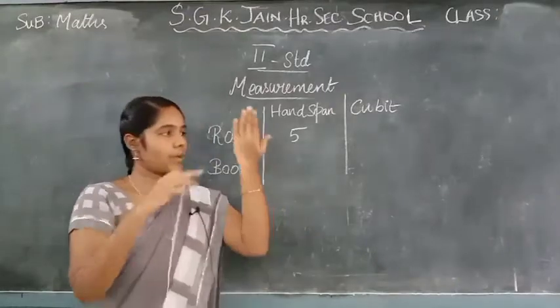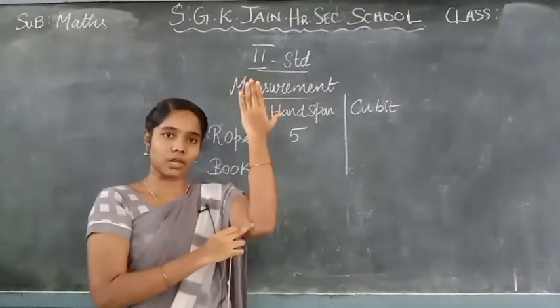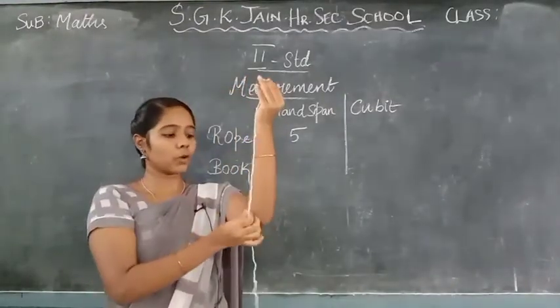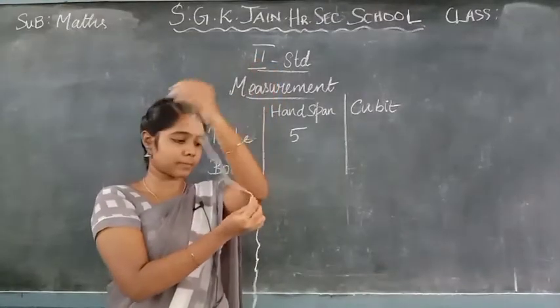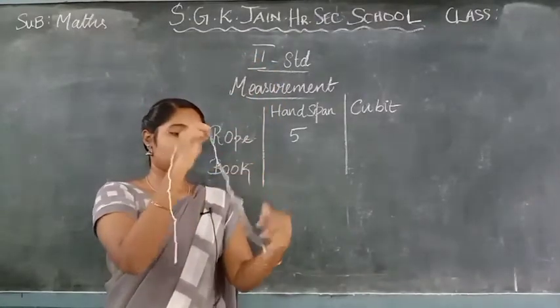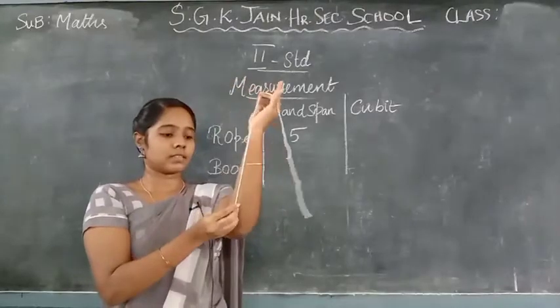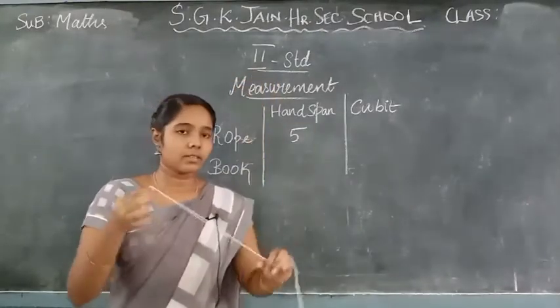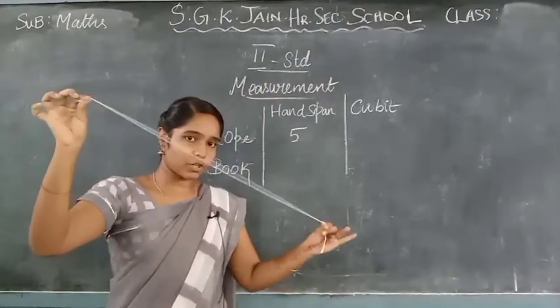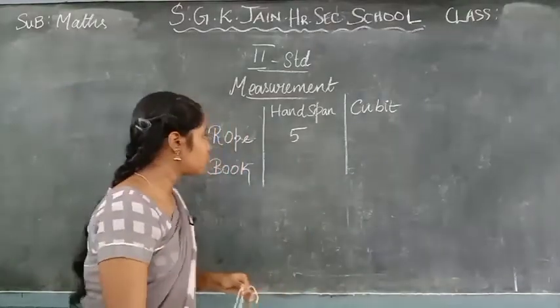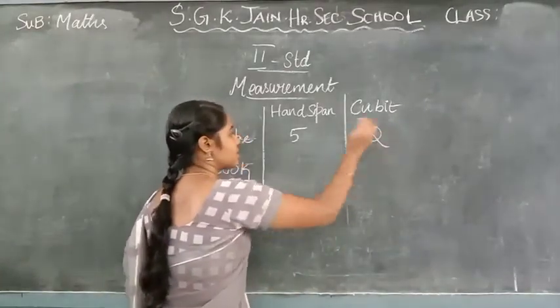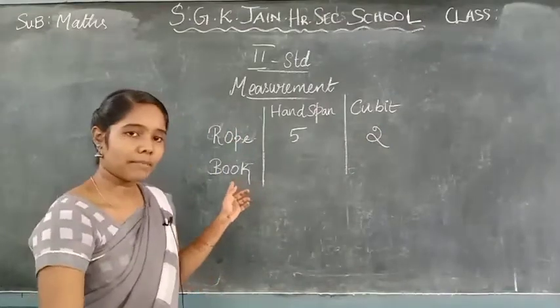Then we will measure the rope using cubit. What is a cubit? The distance between the middle finger and the armpit. So let us measure the rope: 1 cubit, and the remaining is 2 cubit. So what is the length of the rope when we measure using cubit? It is 2, right? Next, shall we take the book and measure it?